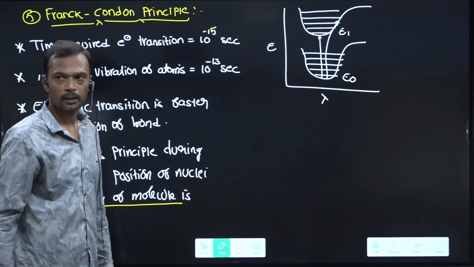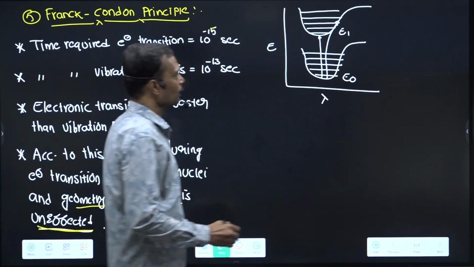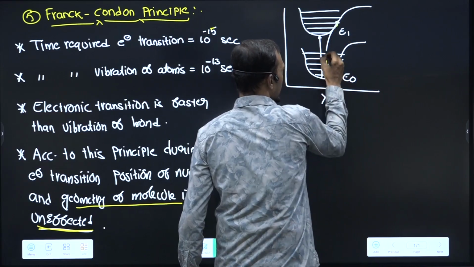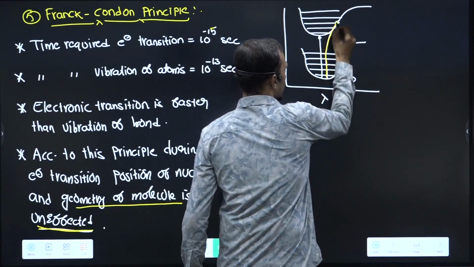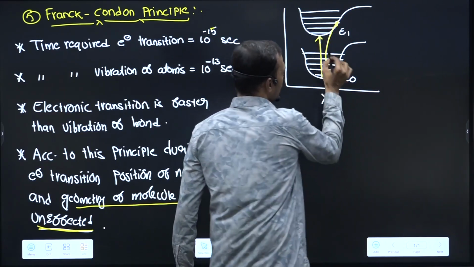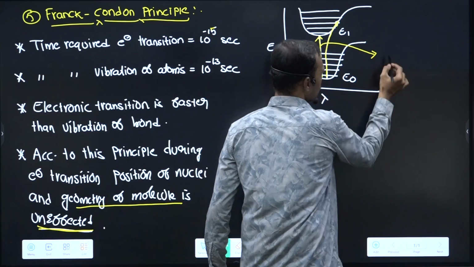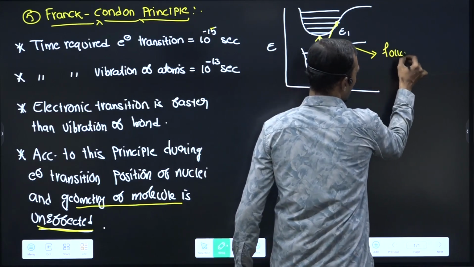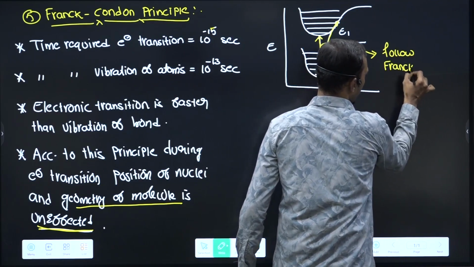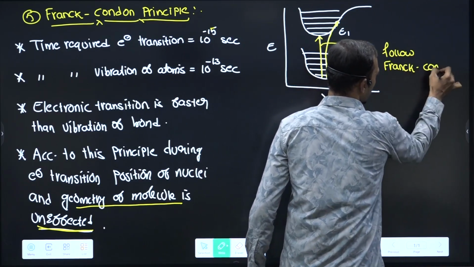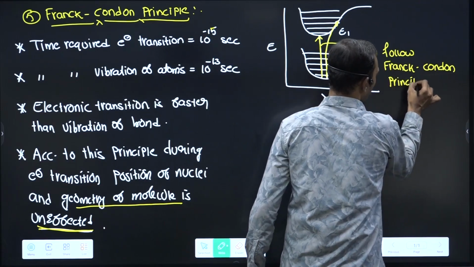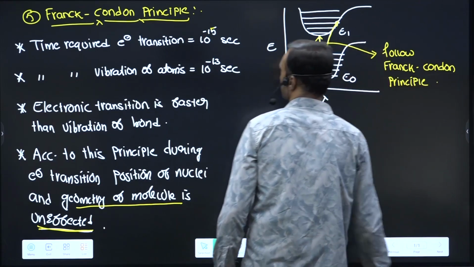At one particular lambda, electronic transition takes place. Now see here, two lines I am giving. One is a line which is deviating. This is a line which is exactly straight, E0 to E1. This straight line indicates that it follows the Franck-Condon principle.